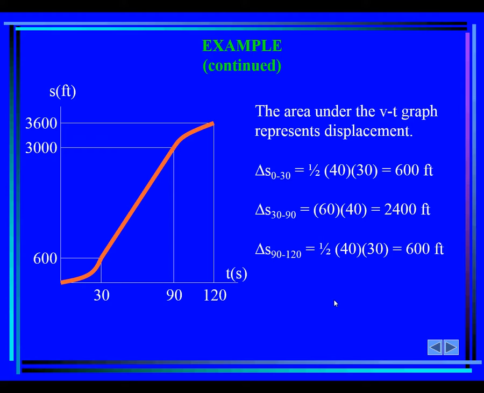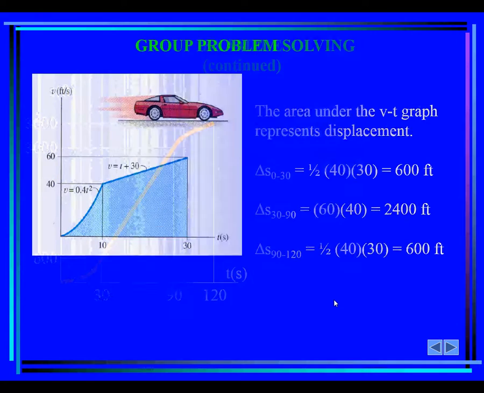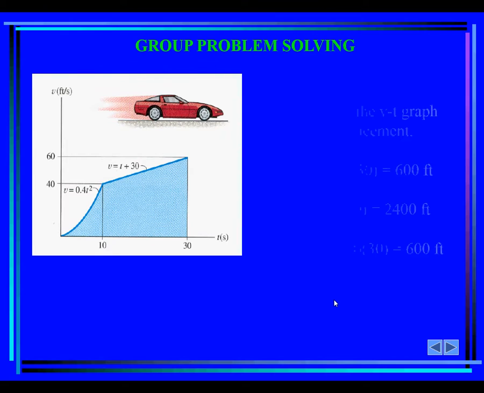And the area between 90 and 120 will be 1/2 of 40 times 30. This is another 600 feet. So this would give us the position diagram. Okay, we could take a look at a different problem, but let's pause this for a moment.